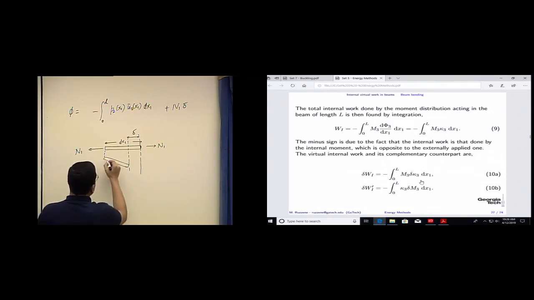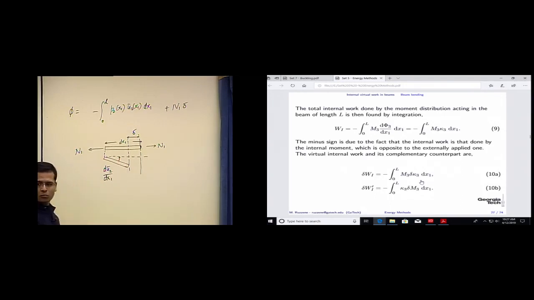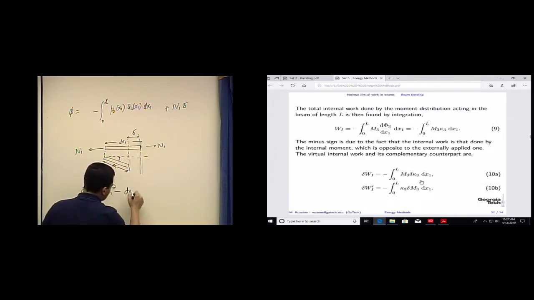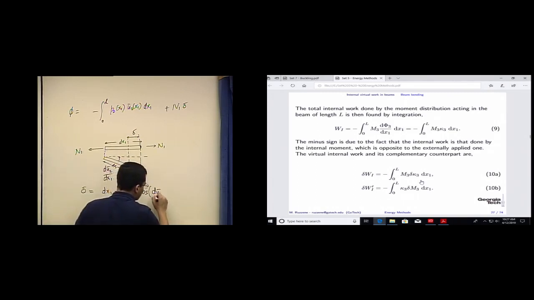Okay, and it's an Euler-Bernoulli beam theory, so this angle is du2 over dx1, the slope. So delta can be written as dx1 minus this length is dx1, so dx1 times cosine of that angle, cosine du2 over dx1.